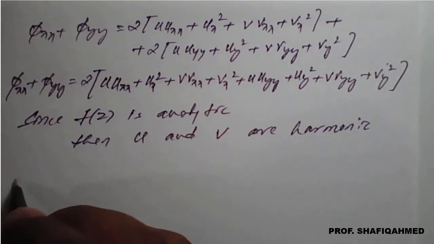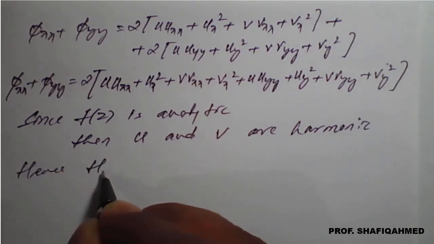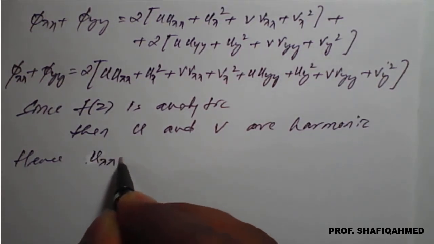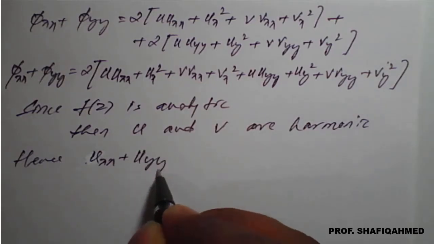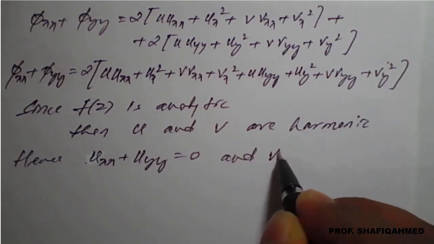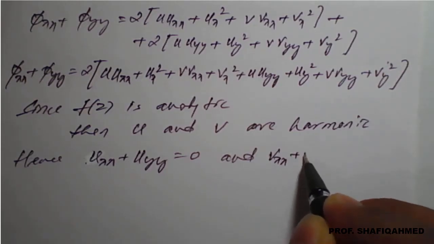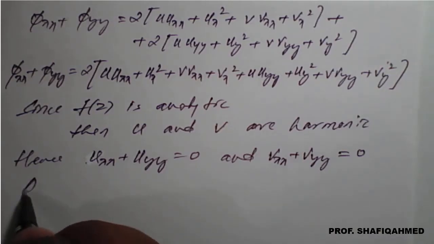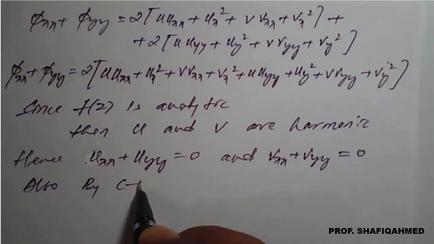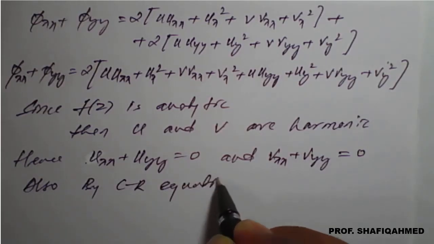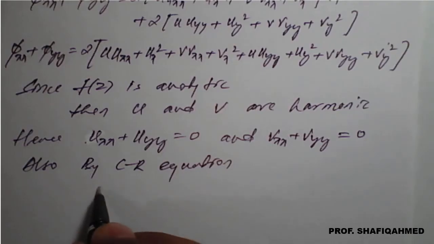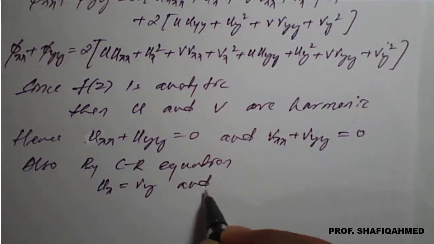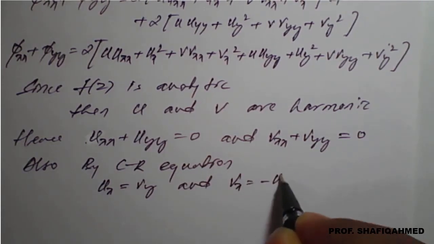And so therefore, hence we know that uxx plus uyy will be 0 and vxx plus vyy is also 0. Also by CR equation, ux is nothing but vy and vx is nothing but minus uy.